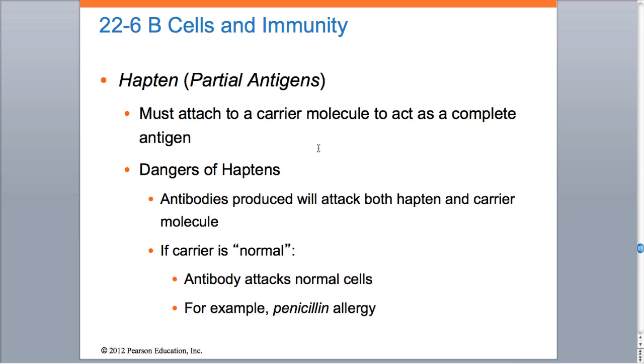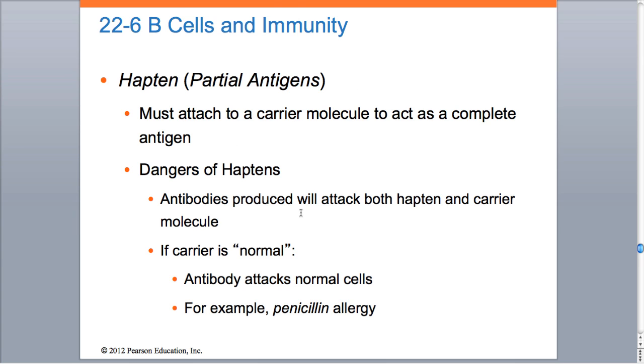If you take penicillin and you're allergic to it, your immune system will detect not only the penicillin coming into your body, but it will also start eating away your normal cells, because for some reason your body considers penicillin to be sort of like your normal cells. That's the key thing to keep in mind with this term.